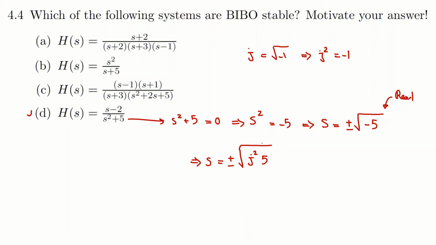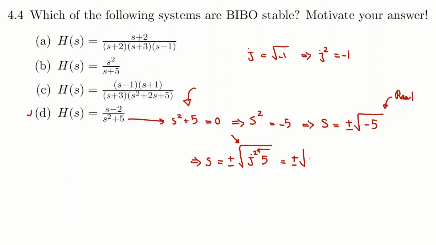So the square root and the square here cancel each other. I can write this as plus minus, because there are two possibilities. It can be either plus the square root of j squared times 5 or minus the square root of j squared times 5. Either of them makes s squared plus 5 equal to 0.